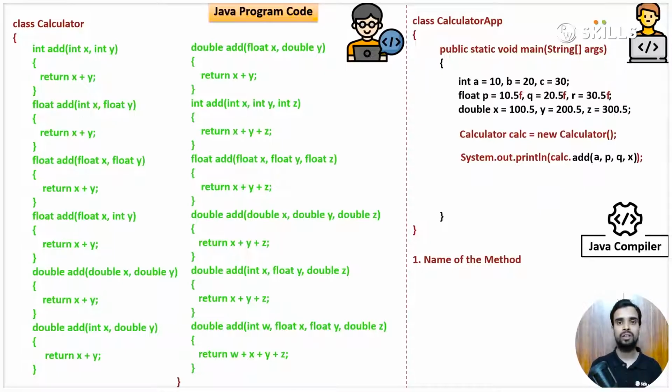Because they are not wrong. The only information with which you went to the Calculator class was the name of the method, that I am looking for a method called add. Correct. All of the 12 method names here happen to be add.